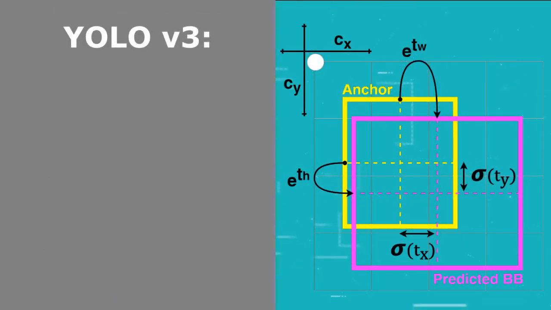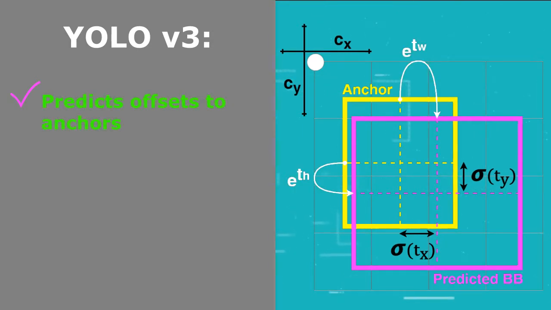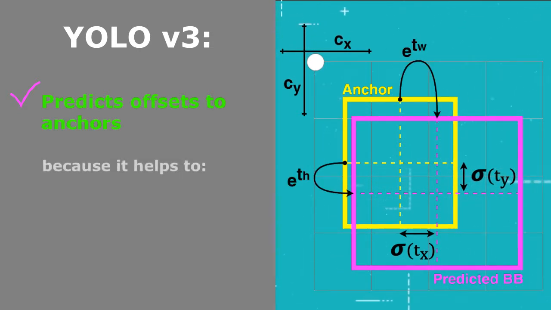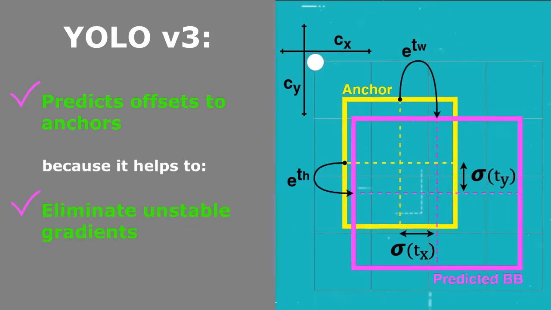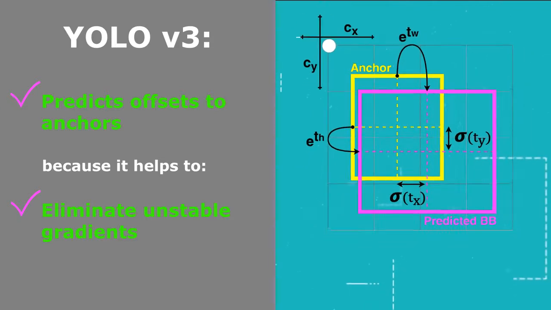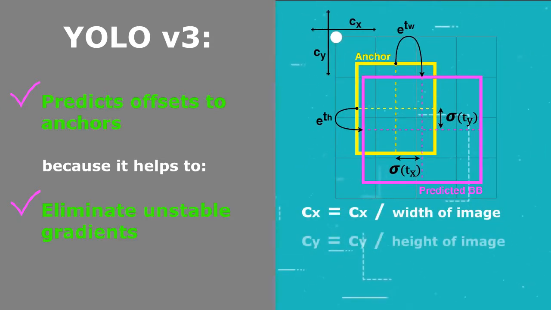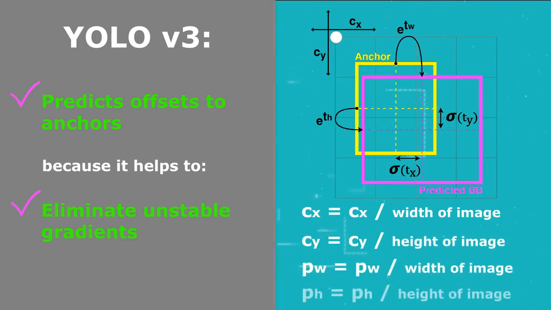YOLO version 3 doesn't predict absolute values of width and height. Instead, as we discussed above, it predicts offsets to anchors. Why? Because it helps to eliminate unstable gradients during training. That's why values cx, cy, pw, and ph are normalized to the real image width and real image height.